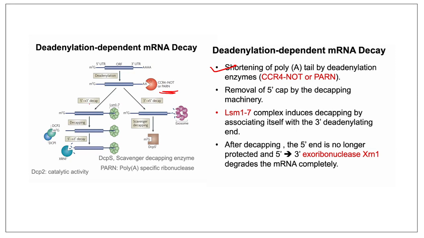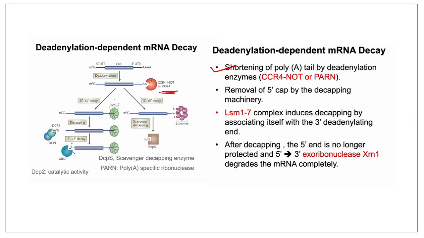Now for 5 prime to 3 prime decay, the poly A tail should be removed. Because the poly A tail has been removed or shortened, in the place of the poly A tail the LSM 1 to 7 complex comes and binds.